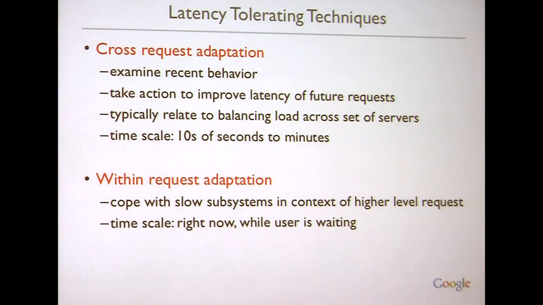So it's not going to help a user who's got a request for a search now, but it might help users in a minute or so who send you requests, if you can better balance the load across your whole distributed system. And then there's what I'm going to call within-request adaptation, where you want to cope with something that's being slow right now while the user's waiting, in order to get their results faster.